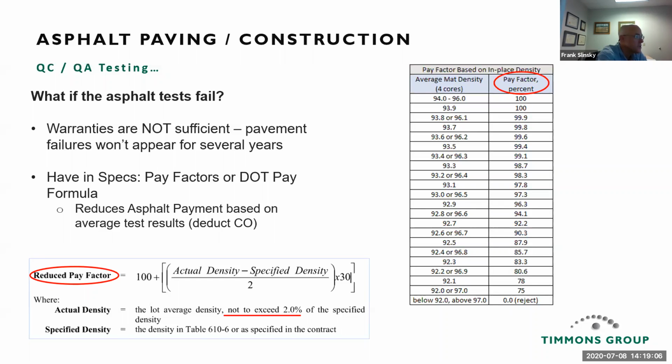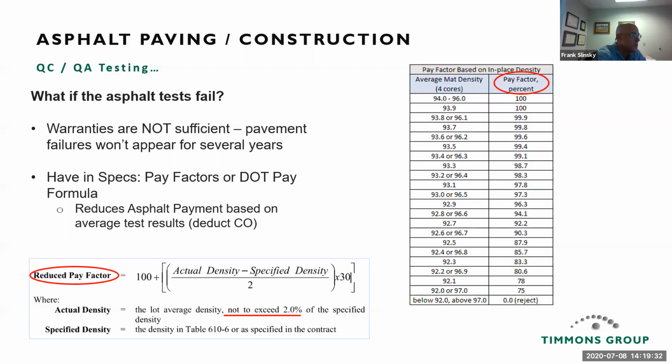So these charts here show the reduced pay factors. At the bottom, we have an NCDOT pay factor calculation, and it shows the not to exceed 2% plus or minus. If it is more than 2%, then it's a complete failure and they need to repave.